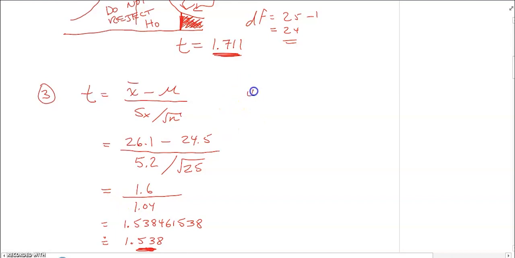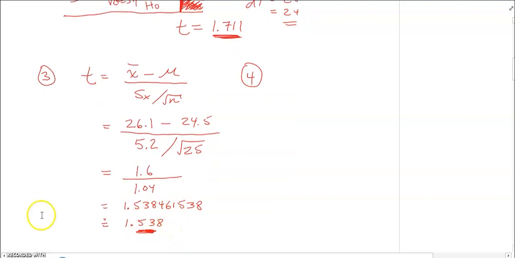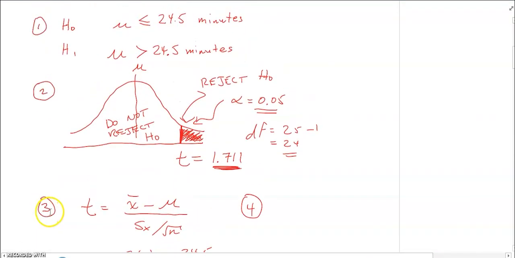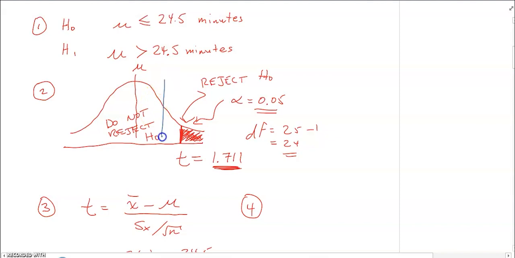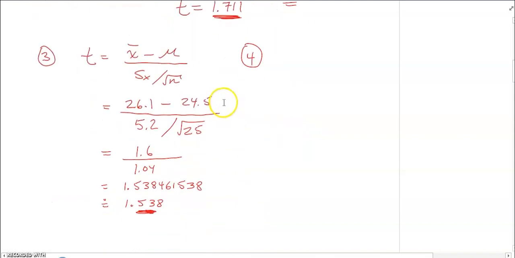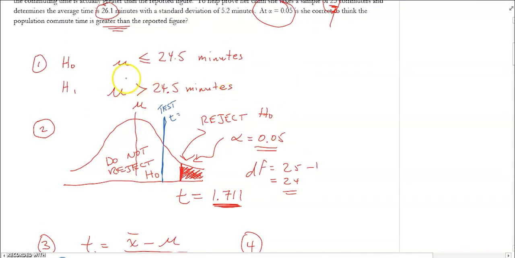So fourth thing we're going to do is make our decision. In other words, plot where 1.538 falls on our curve and see whether or not it's going to be in the rejection region or not. So according to this, it looks like our test value of 1.538 is in the non-rejection region.